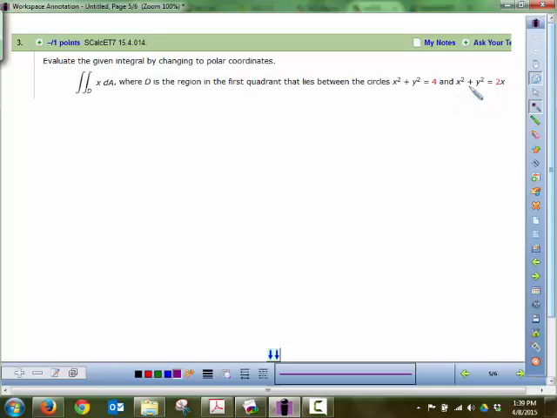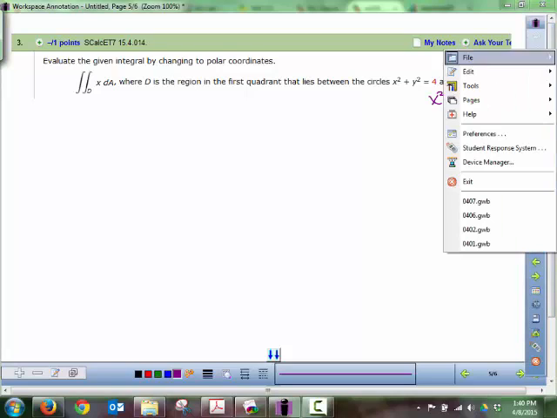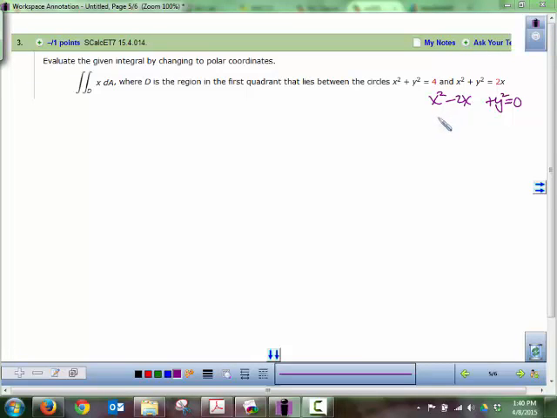But if you think about it, x squared minus 2x plus y squared is equal to 0. And then you complete the square. x squared minus 2x plus 1, so plus 1 on the other side also.